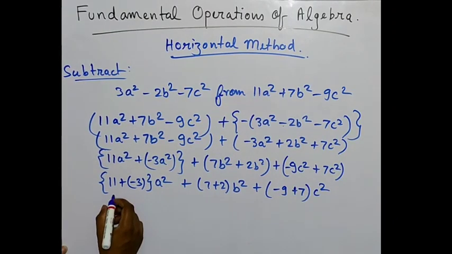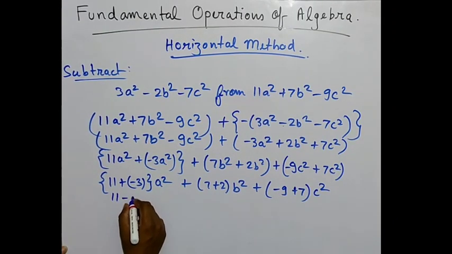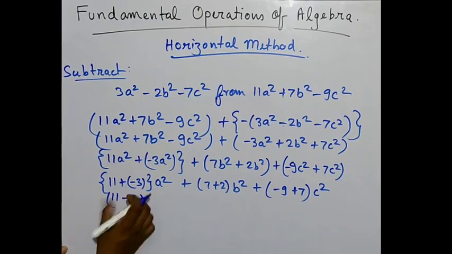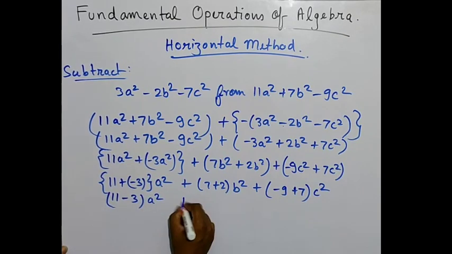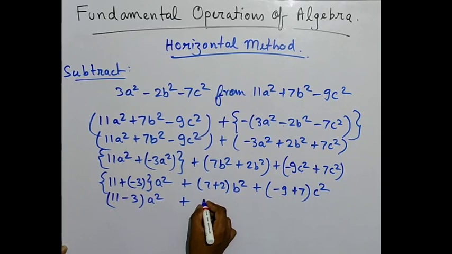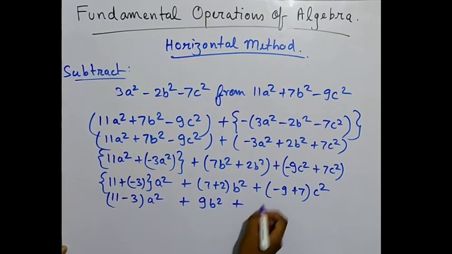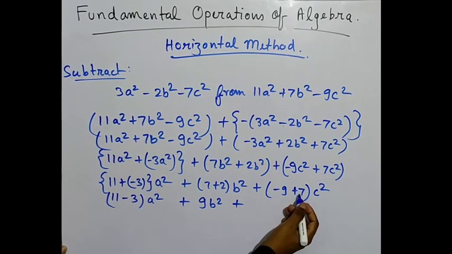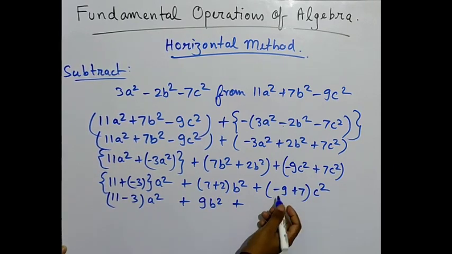So the absolute value will be 11 minus 3, right? Finding the difference between them, a square plus, and which sign is the greatest? Positive, so we'll leave it as positive. 7 plus 2, 9b square plus, now negative and the positive sign, the negative is greater than positive, so minus 9 and positive 7 will give you negative 2, right? 9 minus 7, so it will be negative 2c square.